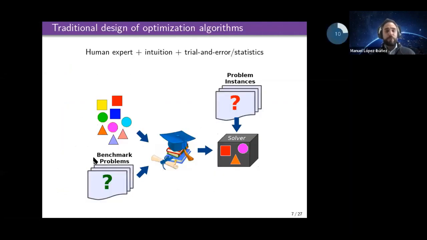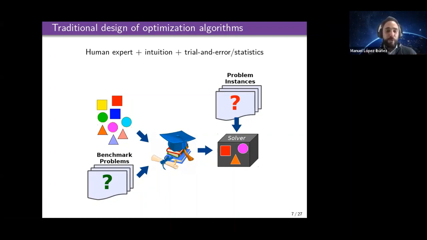When we compare this to the traditional design of MOEAs, or in general optimization algorithms, we have quite a different approach. In the traditional design, we have an expert that has some benchmark problems or data sets, and they invent, using their intuition, or take some design choices, and several design choices end up making up a solver or an algorithm.